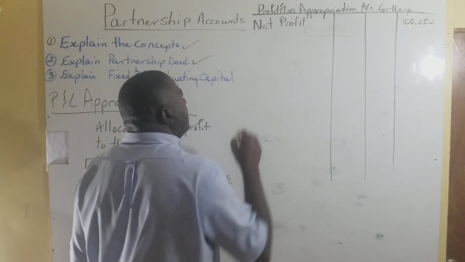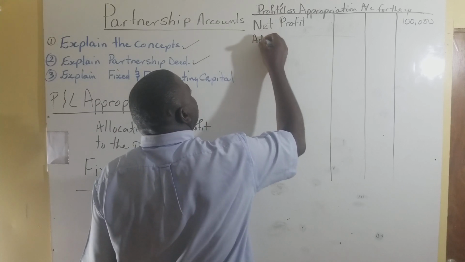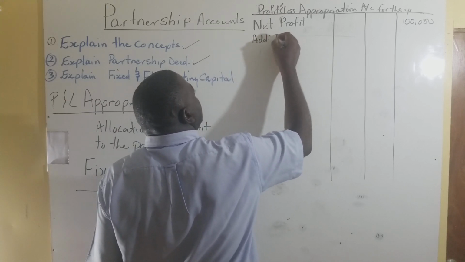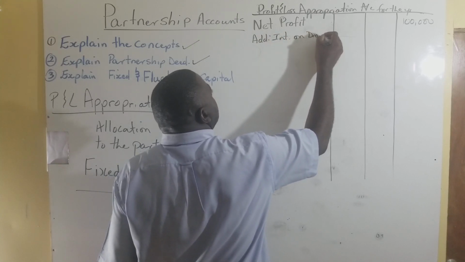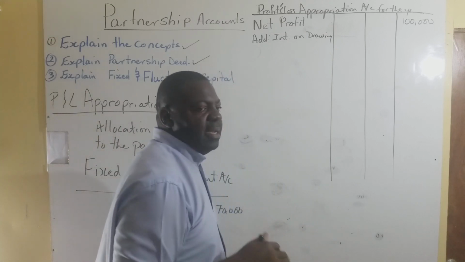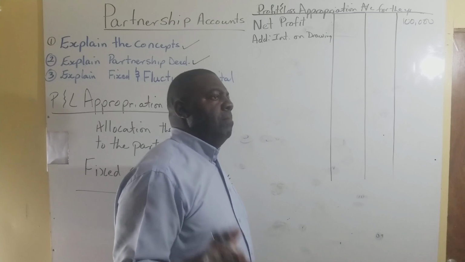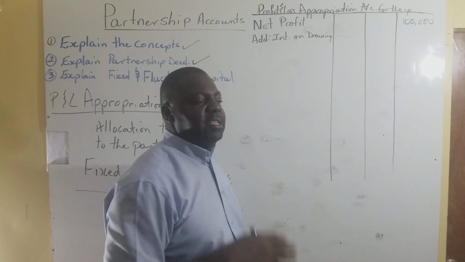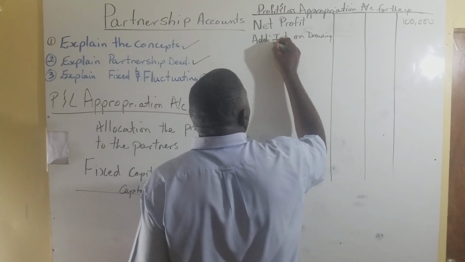All right. And the interest on drawings, you're going to add it. You will add the interest on drawings. Why? Because it is an income. You're charging the partners for taking things out of the business. So it is a benefit coming back to the partnership.